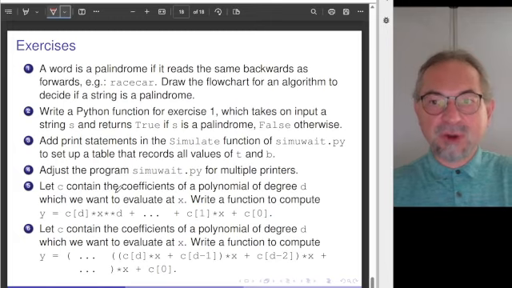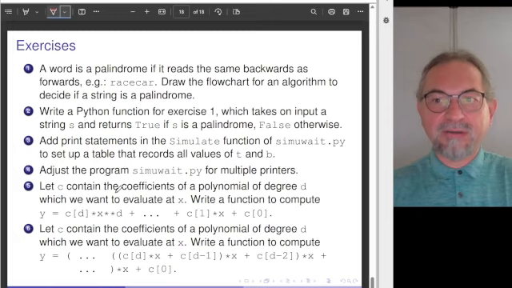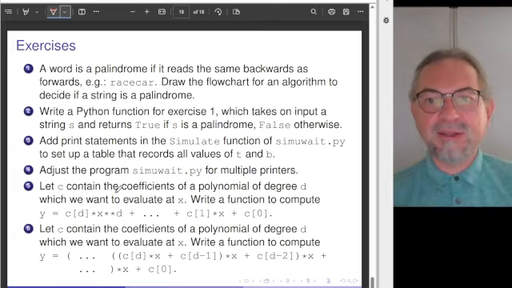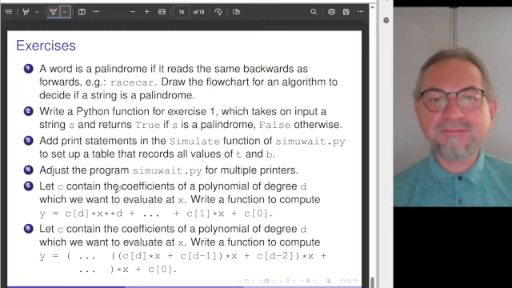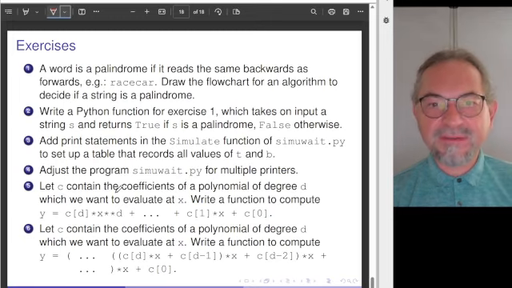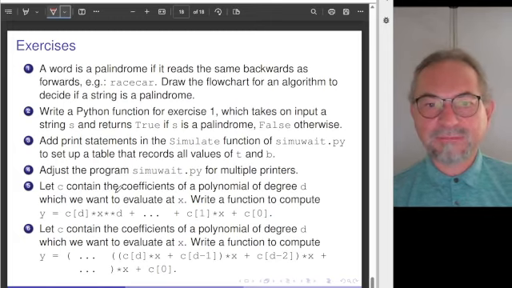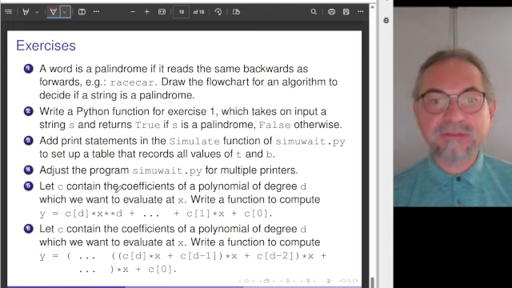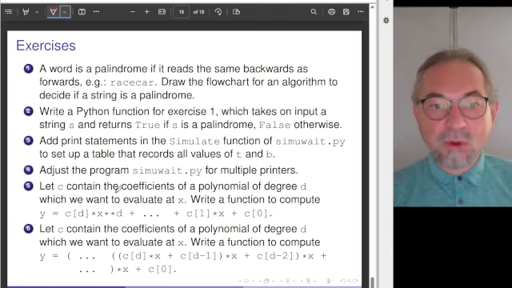But drawing the flow chart is a very good exercise to think about the algorithm, how you would decide, and you can take any word in the sentence. Most of the words, the first and the last letter is already different. So you can decide very quickly whether a word is a palindrome or not. So write a good function for this. I will go a little bit deeper into the code for the simulation.